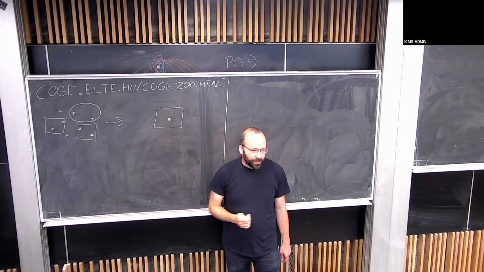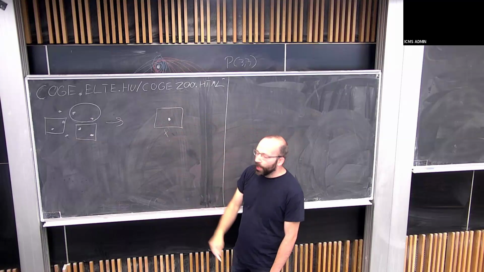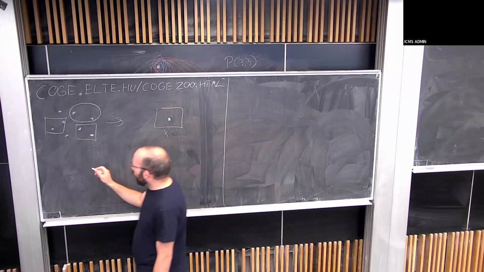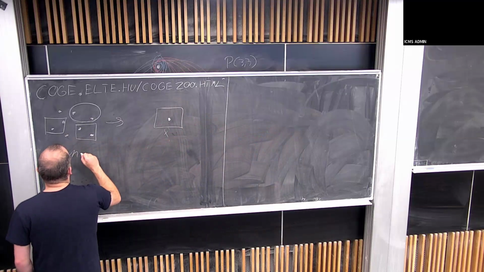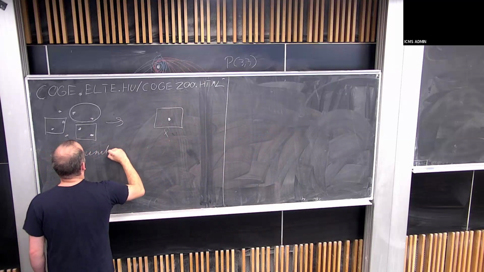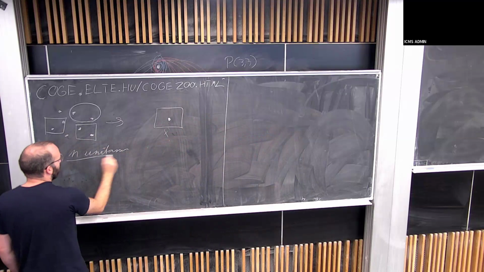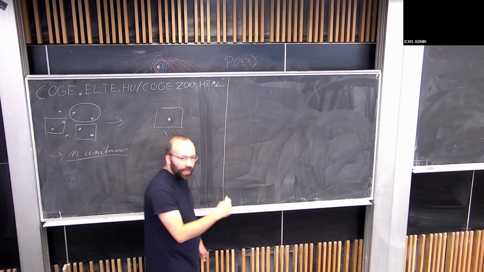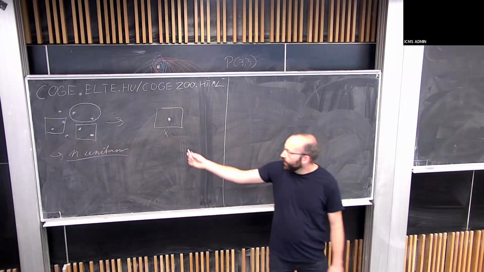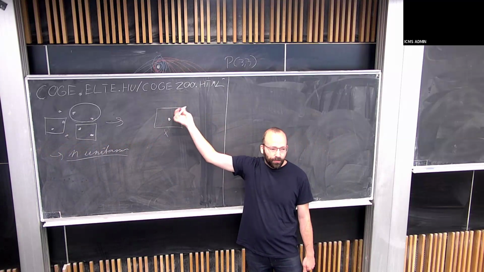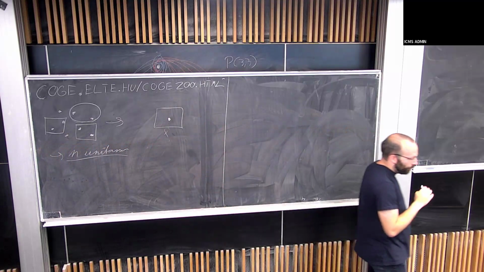So I want to forbid this, of course. So I'm going to look for n-uniform hypergraphs. Each edge should contain exactly n points. Okay, because I want to avoid these small counterexamples.